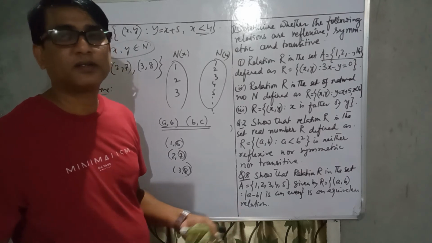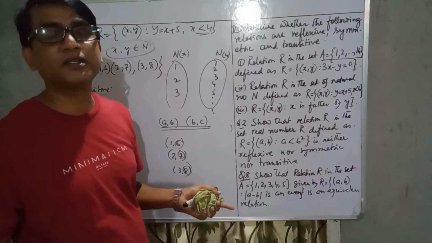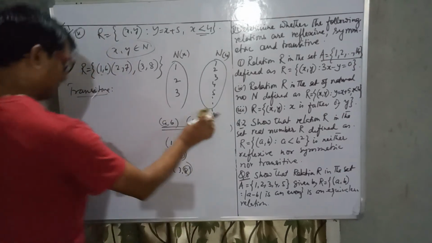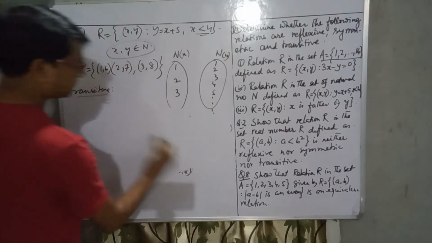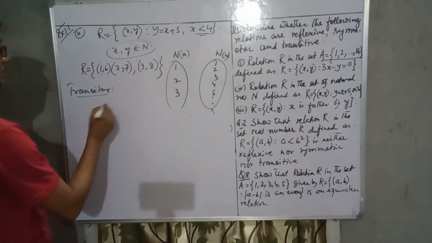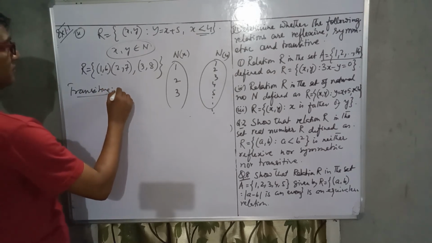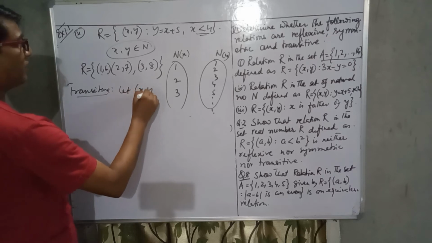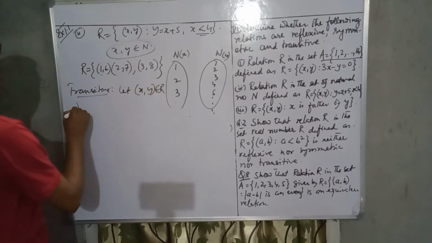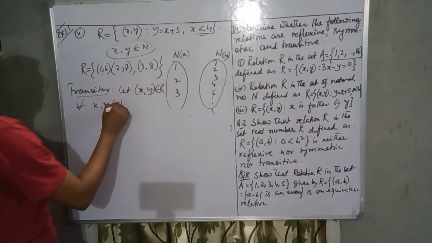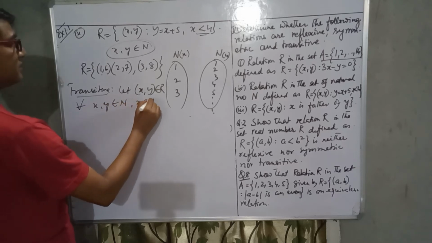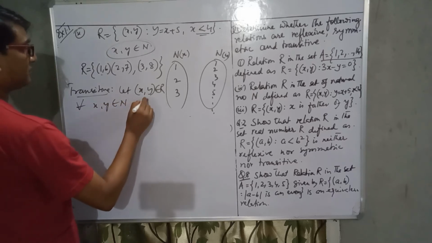That means the relation is transitive. So here we can say, let x comma y belong to R, for all x comma y belonging to N with x less than 4.